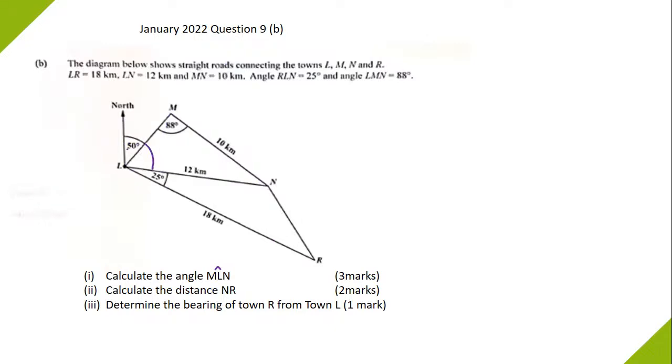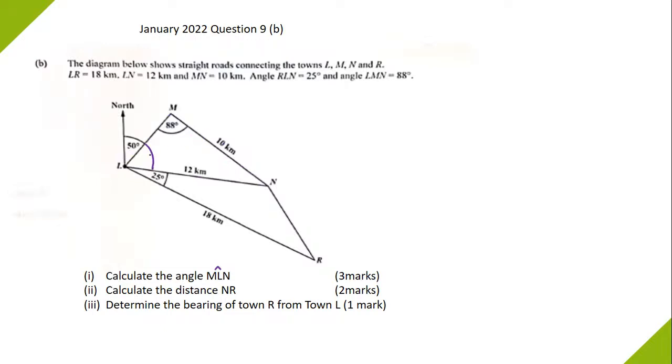Now, if you notice, this is not a right angle triangle, so we cannot use SOHCAHTOA, all right? This is not 90 degrees. If it was 90 degrees, we could have subtracted the 50 to get this missing angle, okay? So our next option, knowing that there are no alternate angles at this moment, we can use the sine rule to get this missing angle, okay?